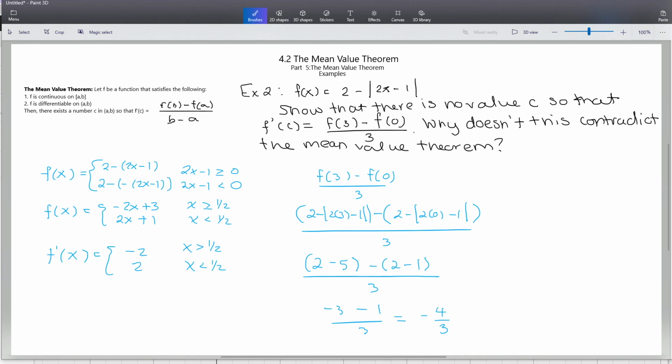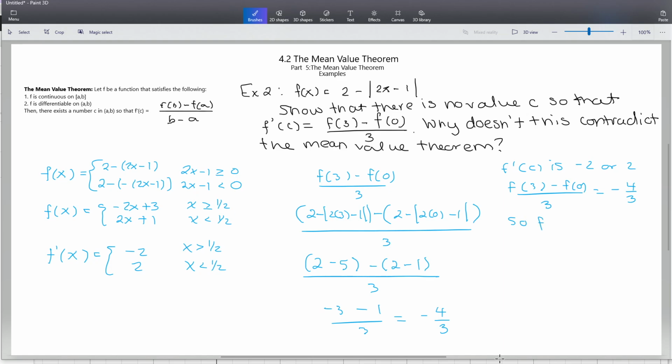That's -4/3. So you can see that there is no value where the derivative is going to be equal to -4/3. The derivative is either -2 or +2. It is never -4/3. So what we need to do is write out a sentence to explain that. f prime of c is -2 or +2. f of 3 minus f of 0 over 3 is -4/3.